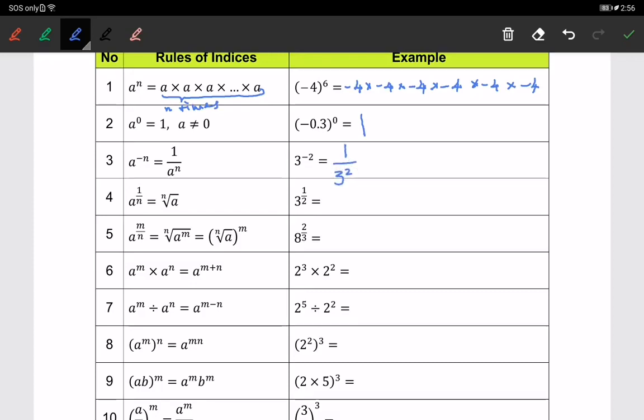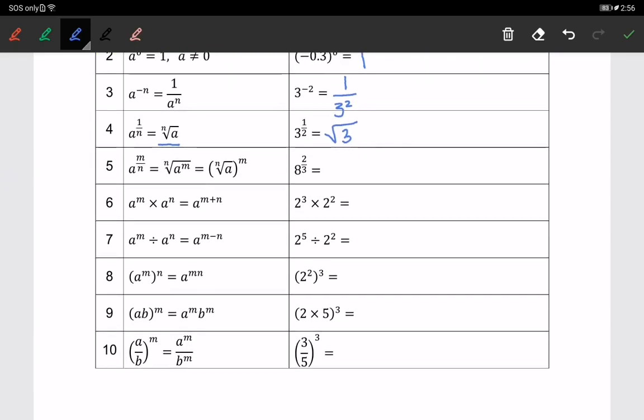A to the power of 1 over n is also equivalent to the n-th root of a. So 3 to the power of half is equal to the square root of 3. Okay, look at the fifth property, class. A to the power of m over n is equivalent to the n-th root of a to the power of m, or the n-th root of a, to the power of m.